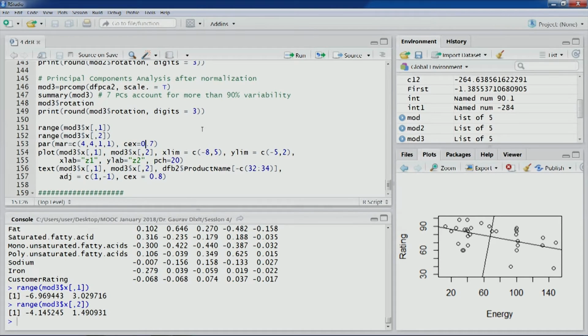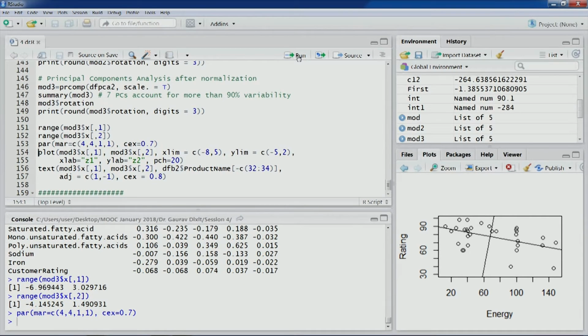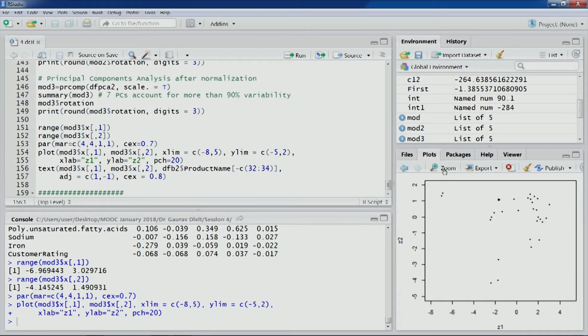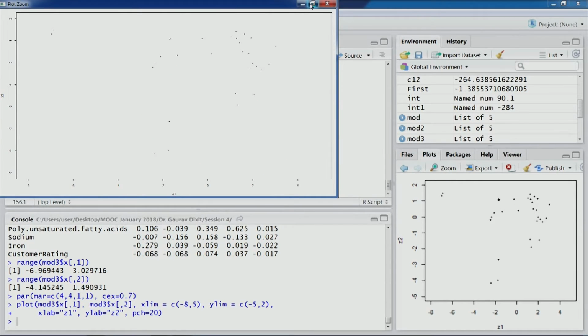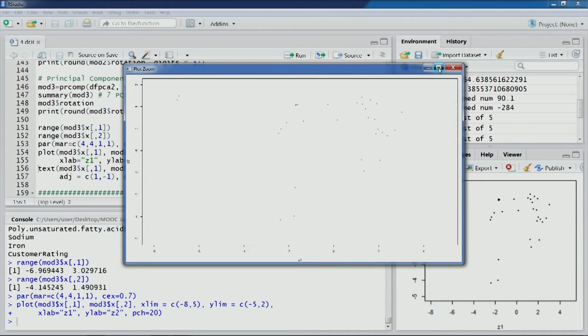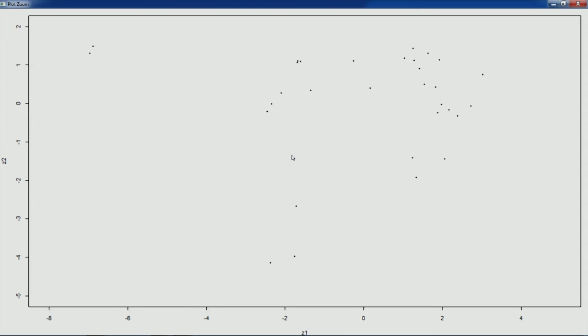Let's change the margin and character expansion through the par function, and let's plot. Now let's zoom into this particular plot. We have chosen a smaller marker for generating this plot. You can see these are the points for Z1 and Z2.